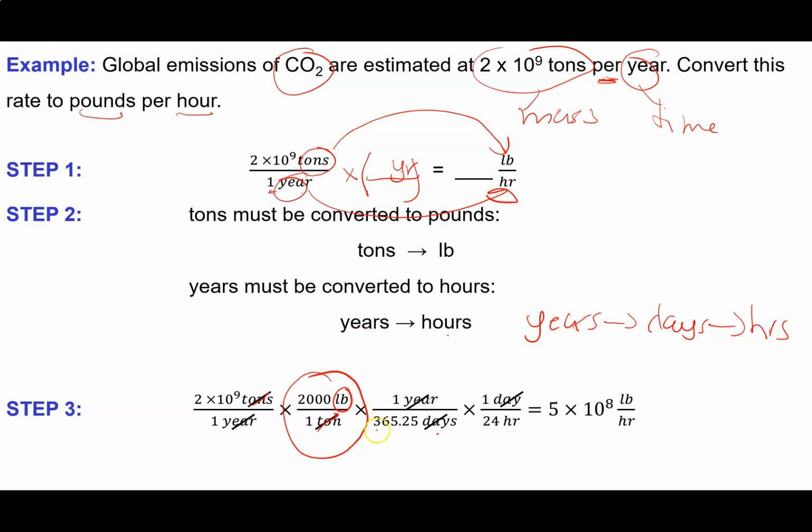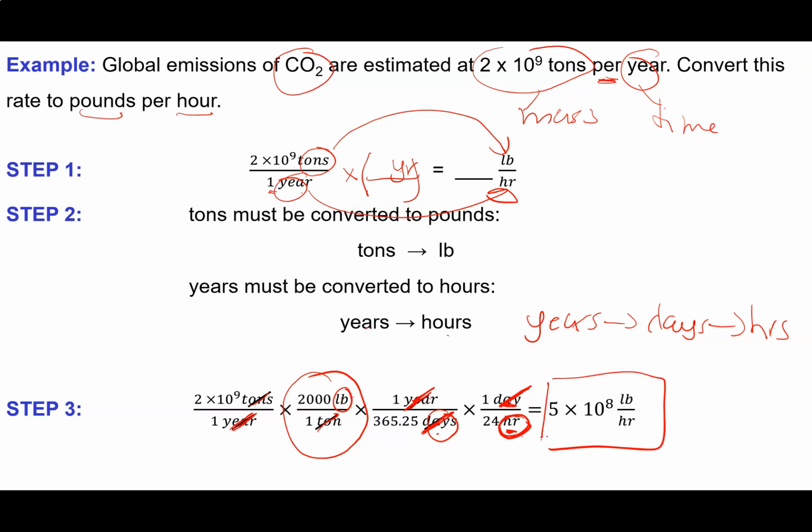And I know that there are 365.25 days in 1 year, and now my years will cancel out. Alright, so now I've got to get rid of my days, right? Again, because my days are on the bottom, I want my days on the top in my conversion factor, and I want my hours on the bottom here. And I know that in 1 day there are 24 hours, so now days are going to go, and the only units left over are pounds and hours. Alright, and there we are.